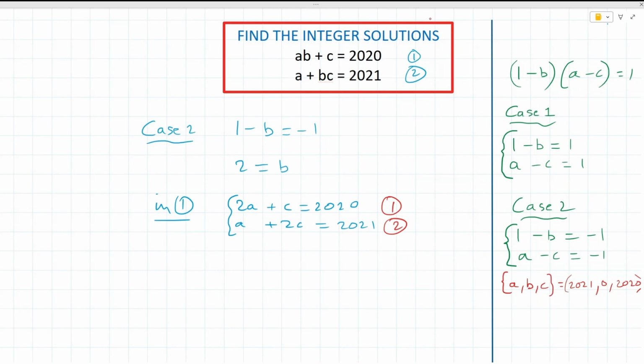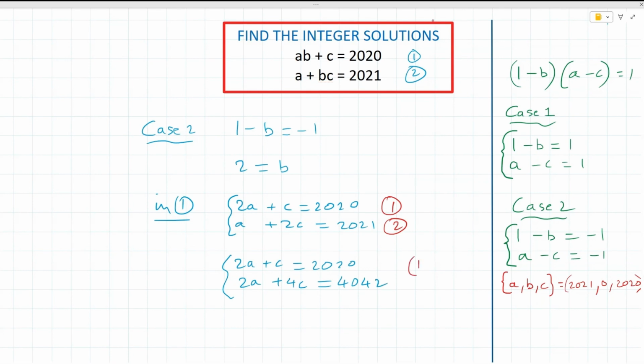We can notice that if we multiply the second line by 2, we would get 2a as well, and those quantities would subtract quite nicely because 2a minus 2a is going to be 0. So let's go ahead and do that. We can rewrite our system as 2a plus c, which is 2020. And in our second line, we can have 2a plus 4c, and that's going to be equal to 4042.